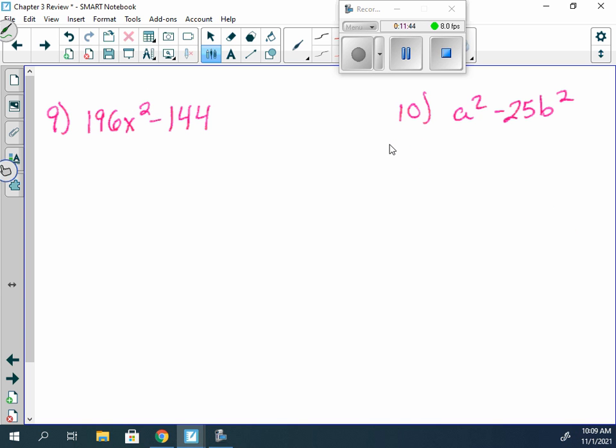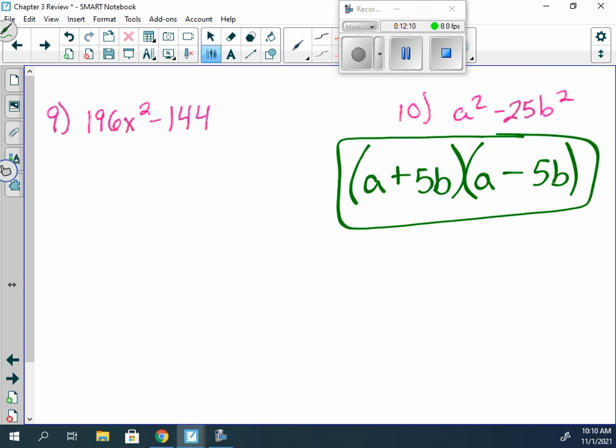Questions on 9 or 10? Is a squared a perfect square? Is 25b squared a perfect square? So we'd have plus and minus, and what would go in the first one? a and 5b, and then a and 5b. And number 9, if I remember, because that's 12.